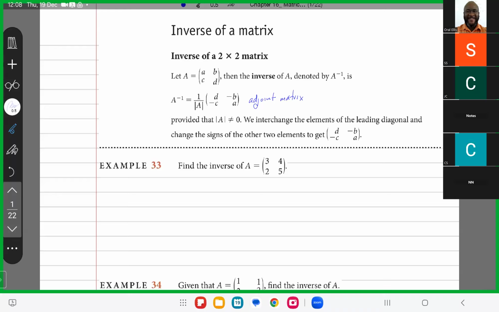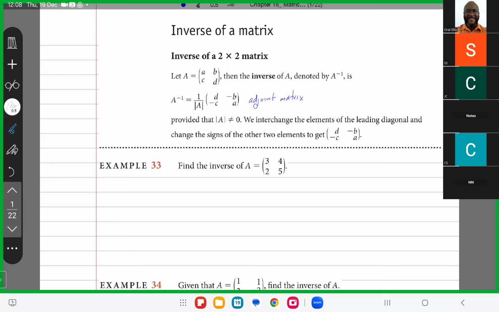You're going to interchange the leading diagonal elements, A and D, and change the signs of the other two elements, B and C.